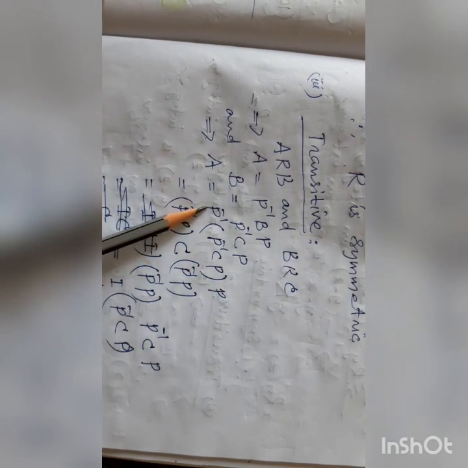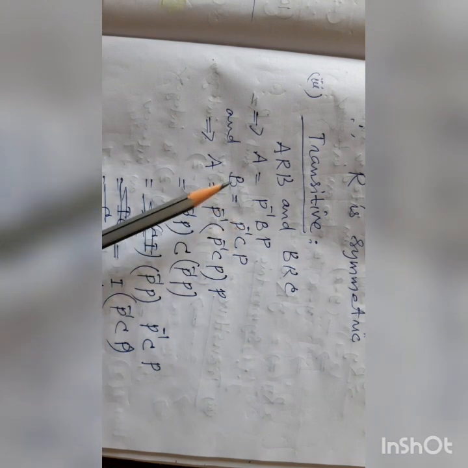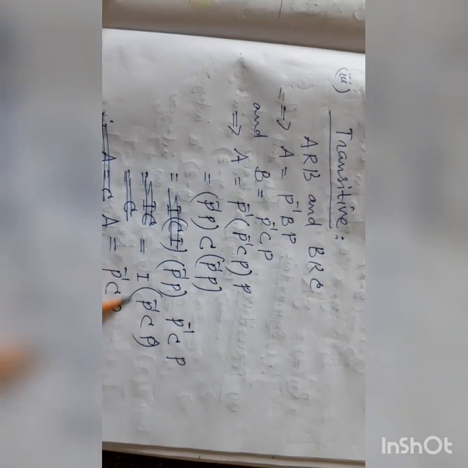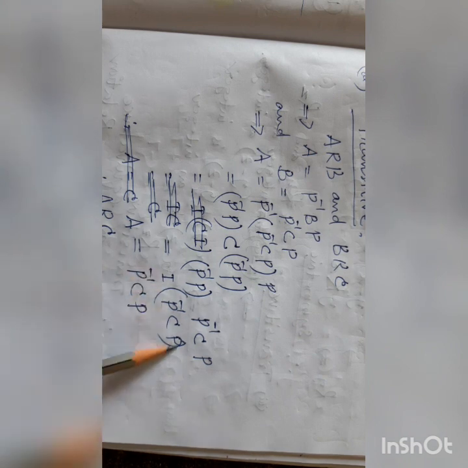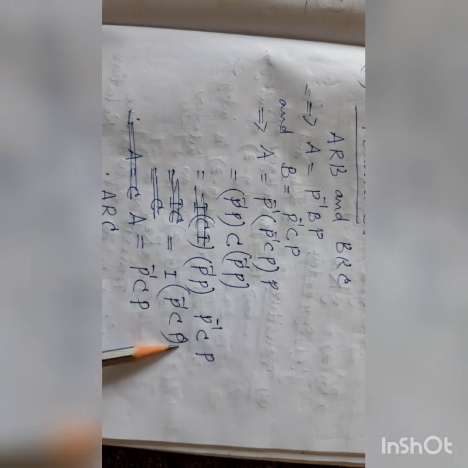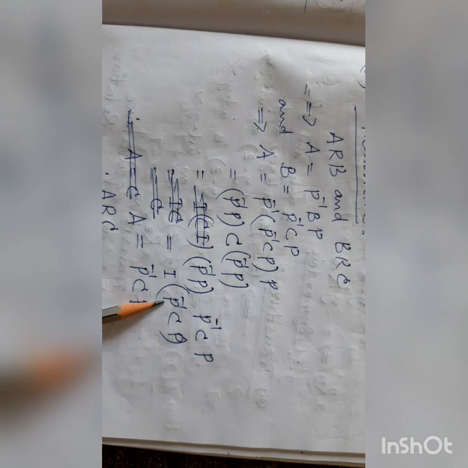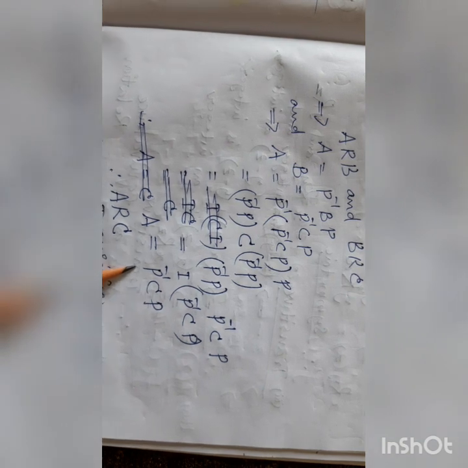And A equals P inverse, in place of B, I write P inverse CP, times P. So I have taken like this, and finally I get I in the middle, so P inverse CP, because P inverse P is I, and I into C is C. So A equals P inverse CP.